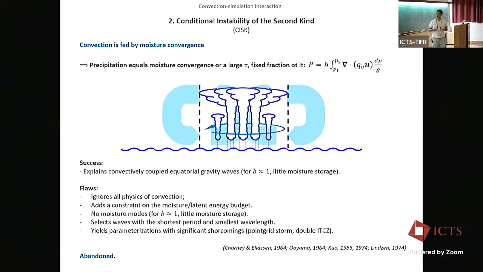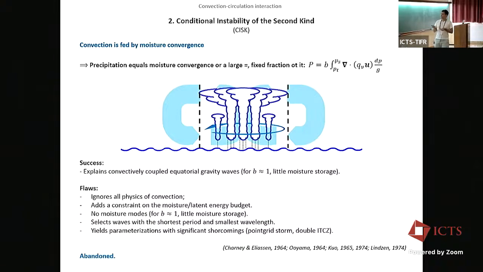So we look at the column moisture convergence, and the precipitation is just going to be that, or proportional to that. So mathematically, that's how you can write it. And I think the idea was that it could be used for parametrization.